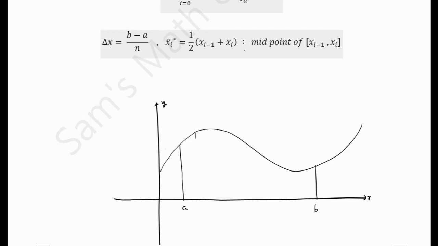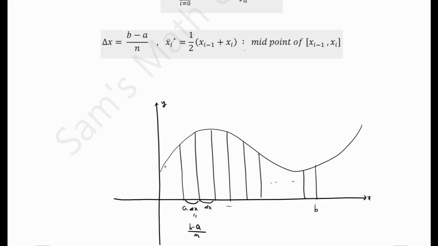We take n subdivisions, and the base length is the same, delta x, which is the endpoint minus the starting point over n.